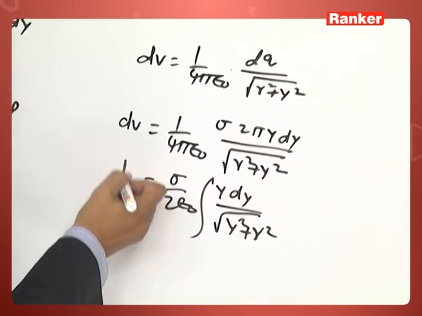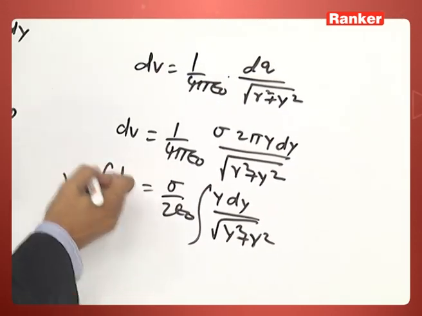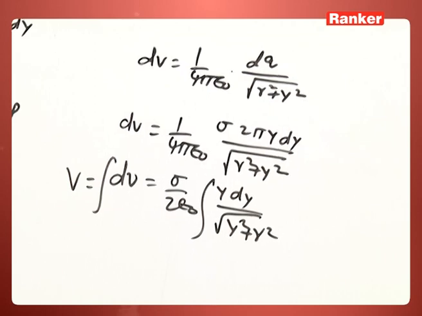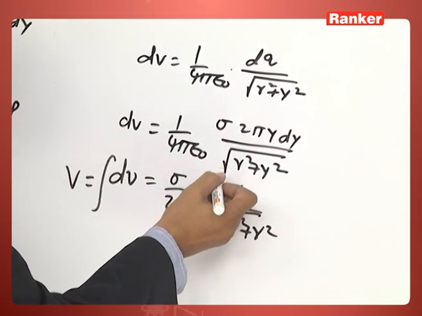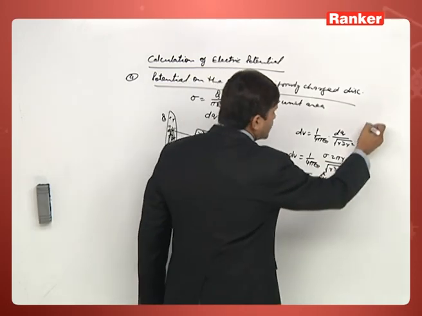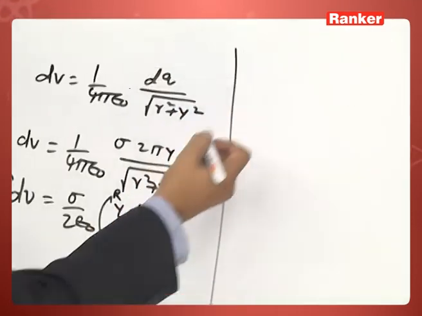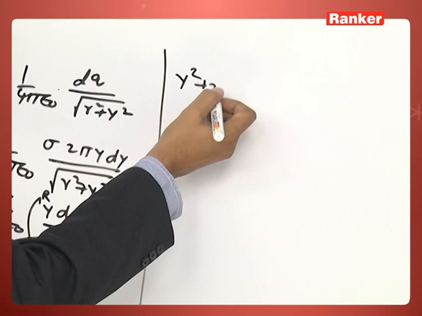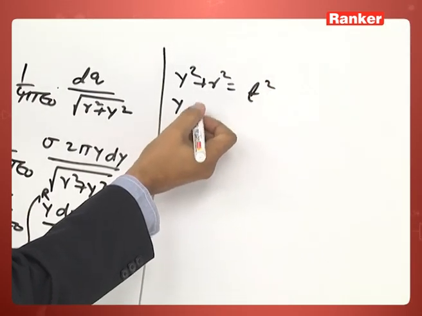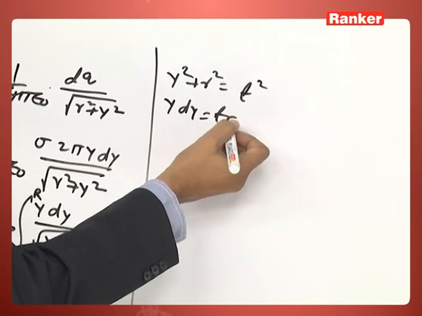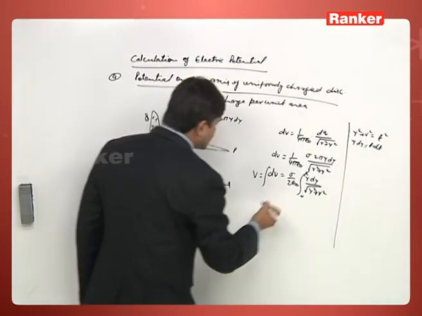Now integrate, the limit of y from 0 to capital R. See how we can integrate here. Take y square plus r square as t square. So y dy will be t dt, and now we can solve.